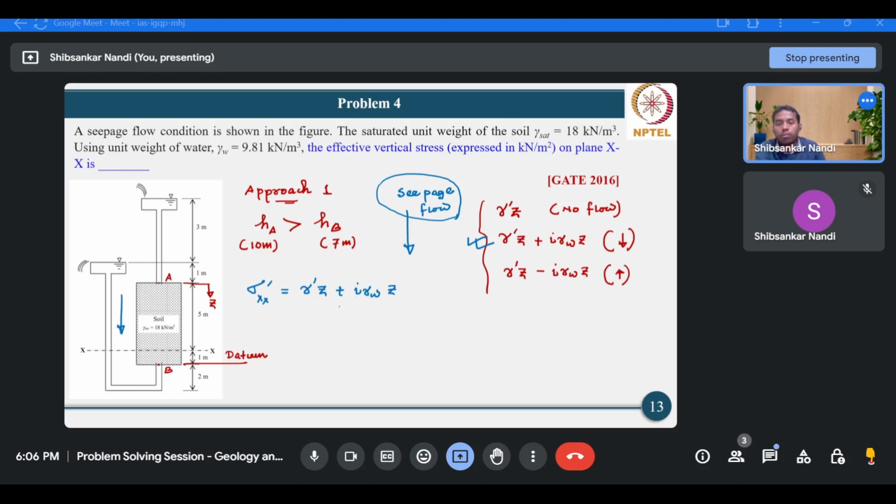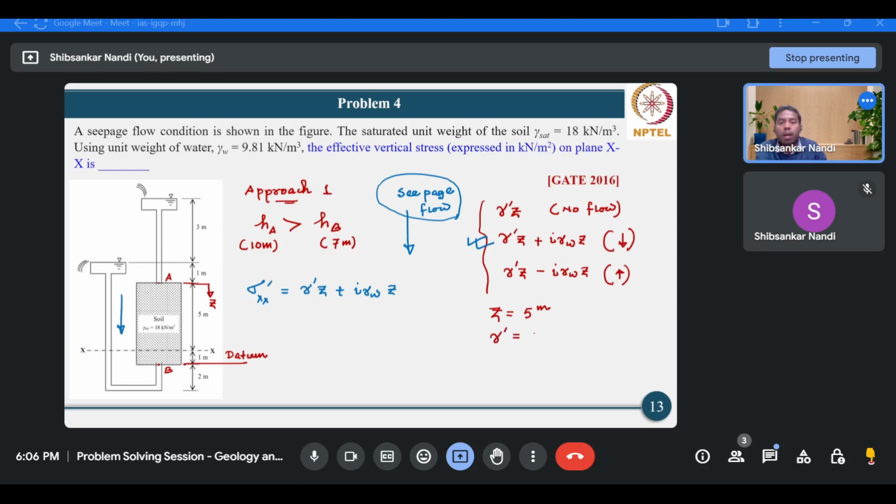Therefore, the expression of the effective stress at any section xx would become gamma prime z plus i gamma w z. Now we'll figure out the values. z for the xx plane is 5 meter. What is gamma prime?